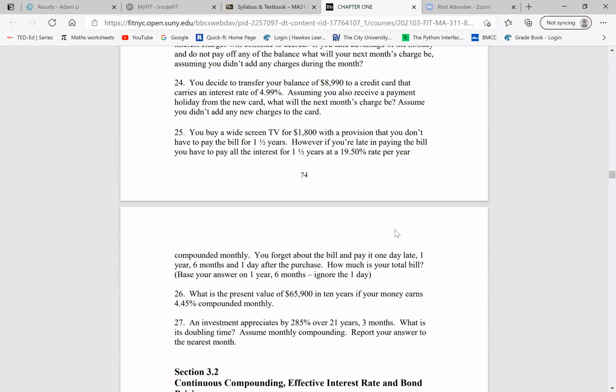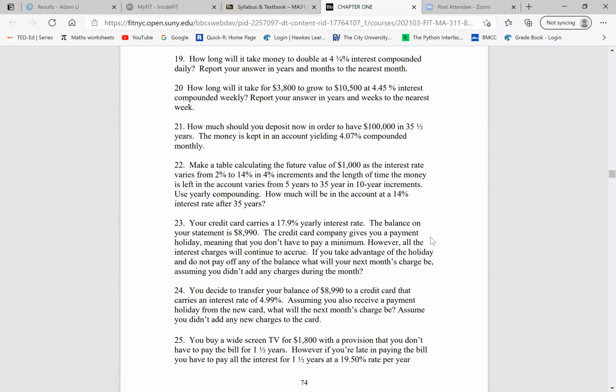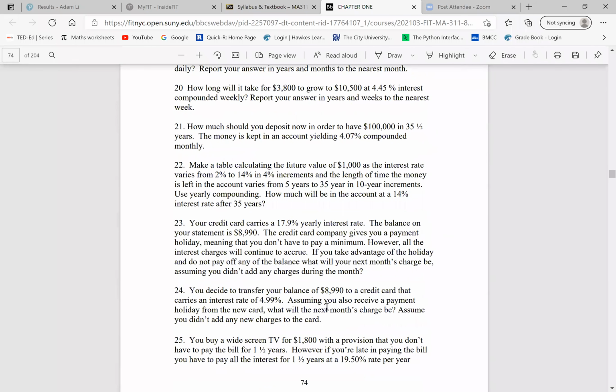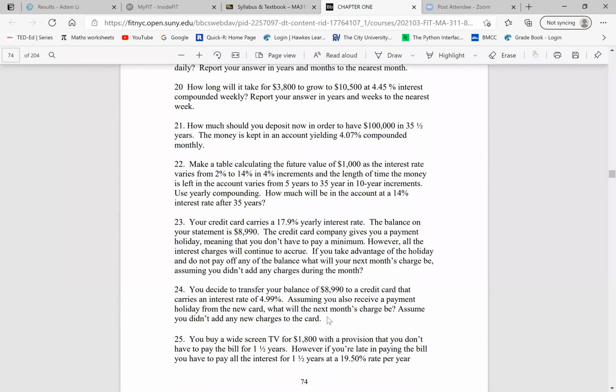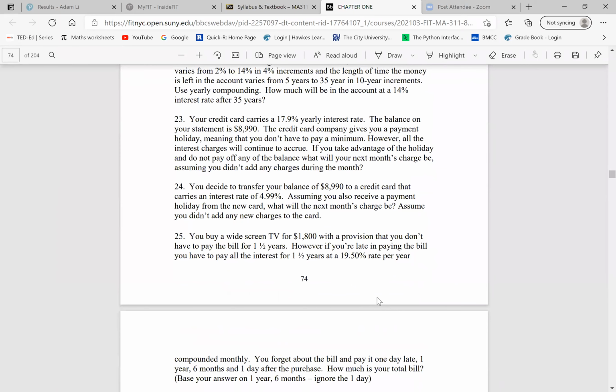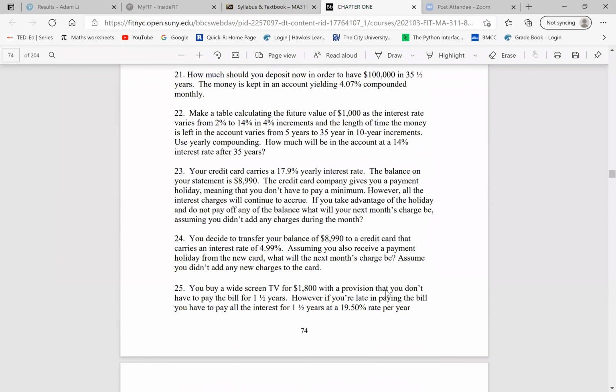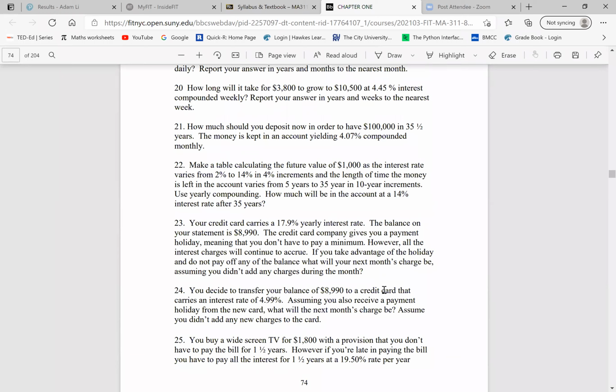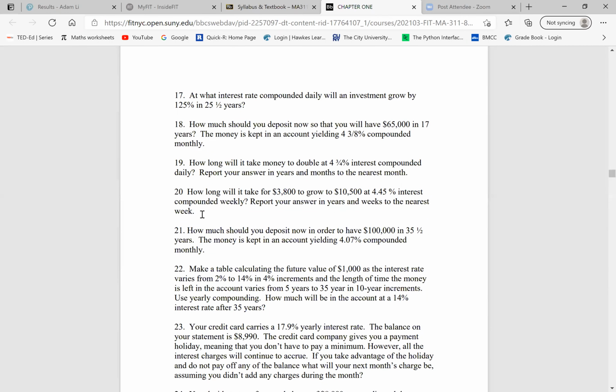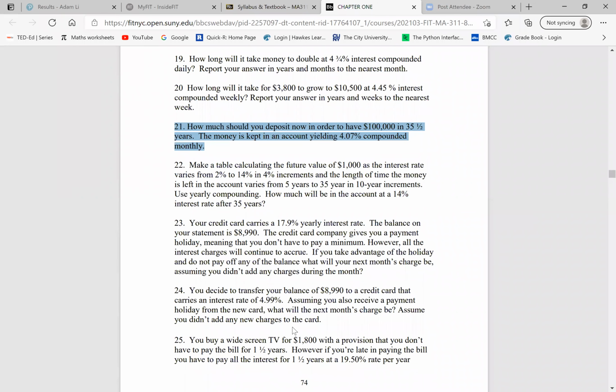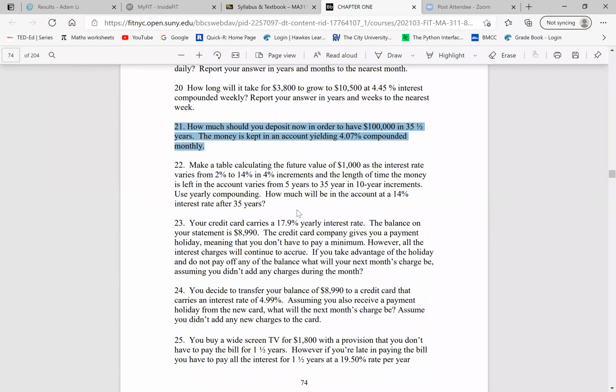Did I mention that? Okay, if I mentioned that, which questions did I ask you to skip? You only told us to do the odds from 1 to, I think it was 21. I wrote it down. Yes, that's okay. After 22, you can skip it. So section 3.1, all the way up to question 21.